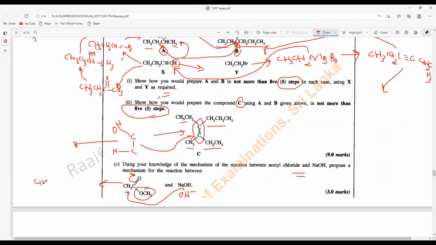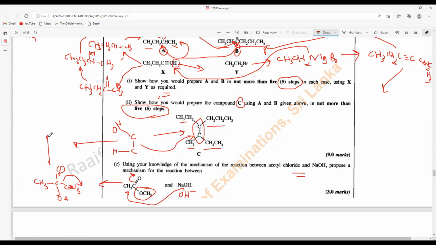So it will be CH3 O minus, or CH3, and there is OH here attacked. But I have told you the halogens and the ester groups, these ether parts, they are good leaving groups. So this is going to form like this, and this bond is broken like this.